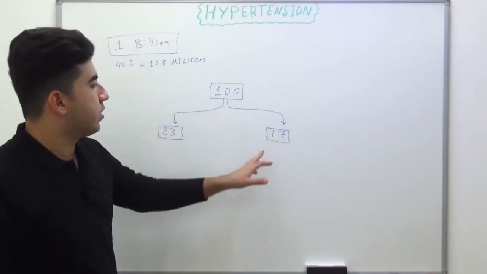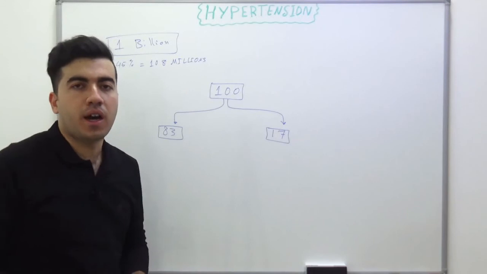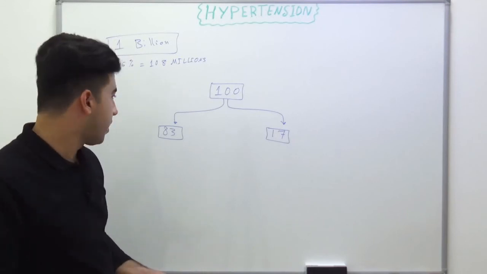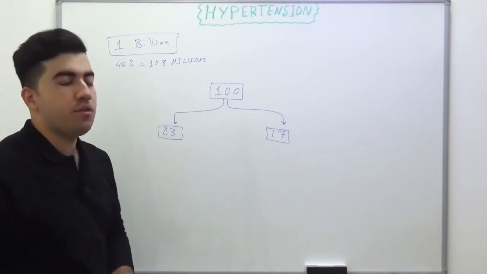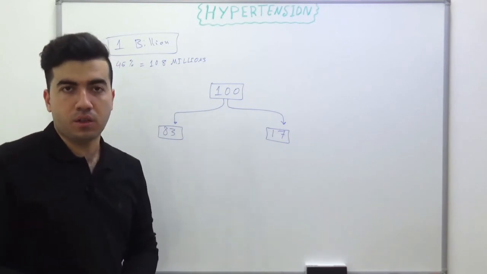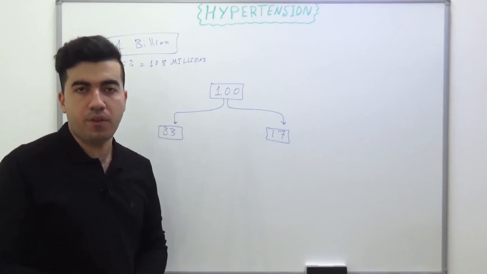And these 17% may have no symptoms related to hypertension, so they are unaware that they have it. And even in this 83%, and this is in the USA, in some countries more than 50% of the patients with hypertension are unaware that they have hypertension.